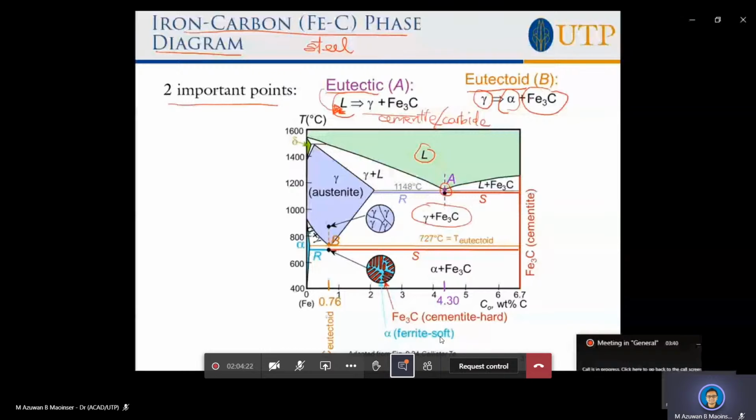So transformation from one solid into two different solids is called eutectoid. Where do you find eutectoid in the phase diagram? Let's find where that point is. All right, so actually the point of conversion of gamma into alpha and cementite is this point.